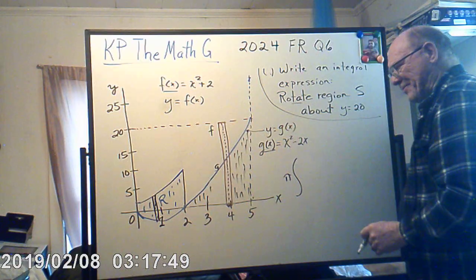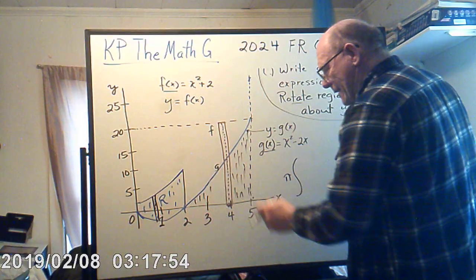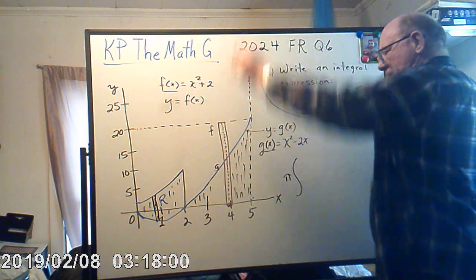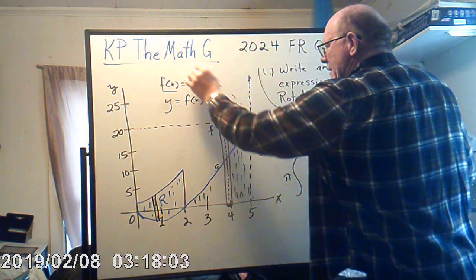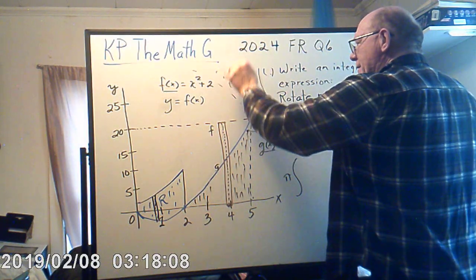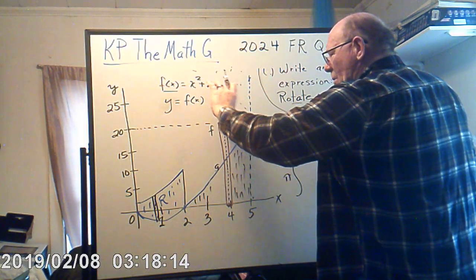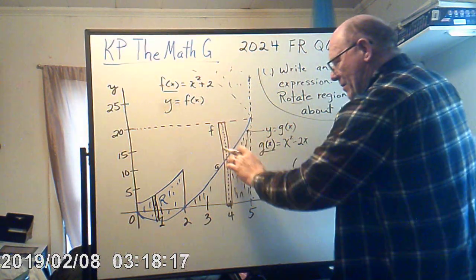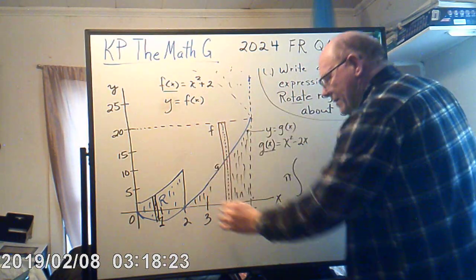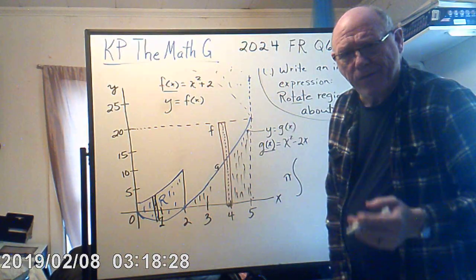Now what you've got to remember is any time you're doing something like this, when you rotate it around, you're going to leave a hole right here. So you have a big circle minus this hole, because you don't want the hole there in the first place, right?